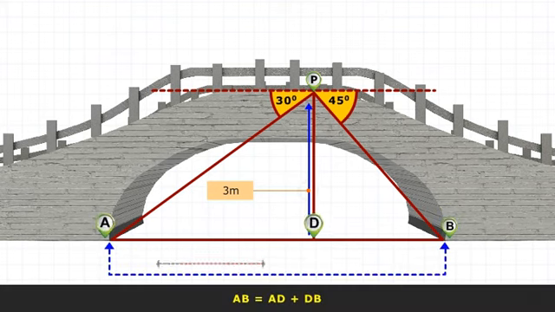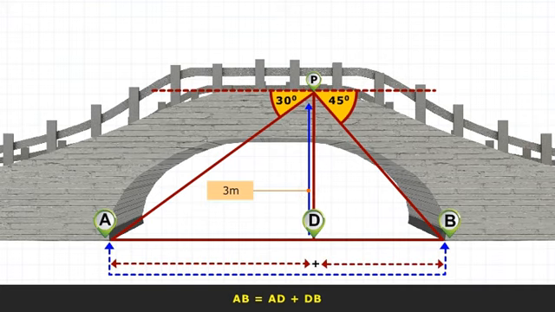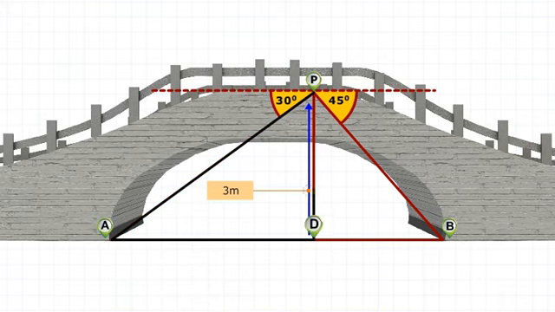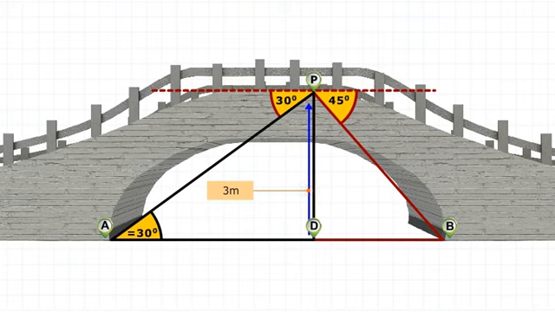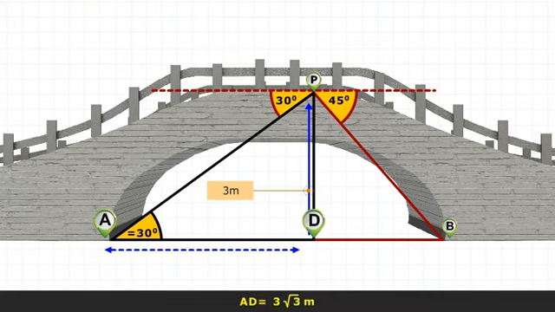AB equals AD plus DB. In right triangle APD, angle A equals 30 degrees. Tan 30 degrees equals PD upon AD. 1 upon root 3 equals 3 upon AD, or AD equals 3 root 3 meters.